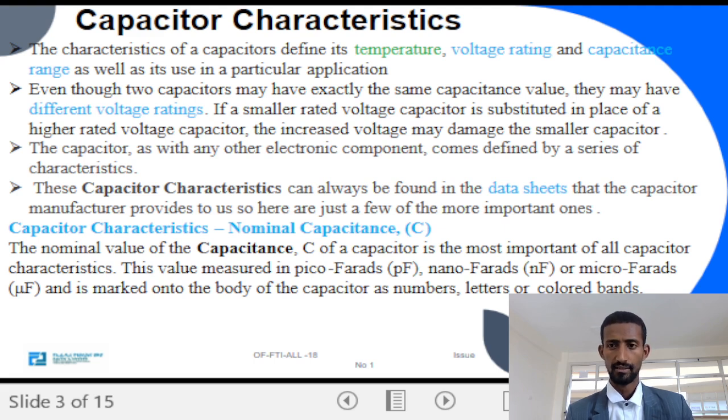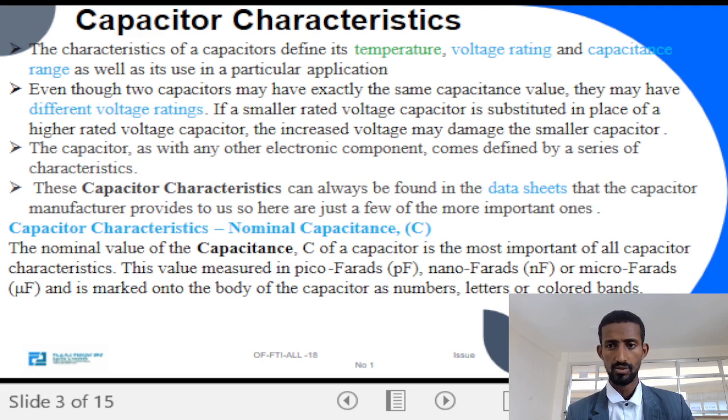If a smaller rated voltage capacitor is substituted in the place of a higher rated voltage capacitor, the increased voltage may damage the smaller capacitor. So even though the capacitance value is the same, if the voltage rating is different, we should select the appropriate voltage rating.